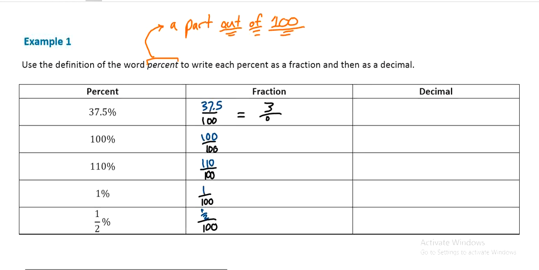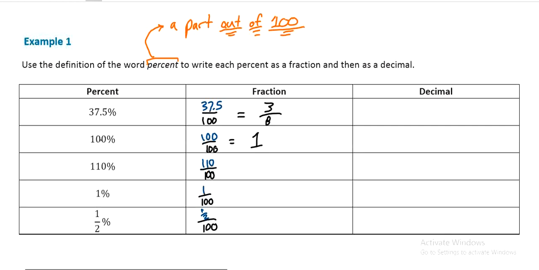of 37.5% when I write it as a fraction. We can keep going. We can do 100. Well, 100 ABC 100, I don't even need to do the fraction for that. I know that that will reduce to 1.